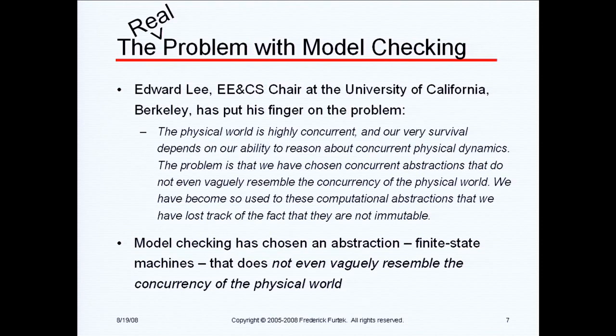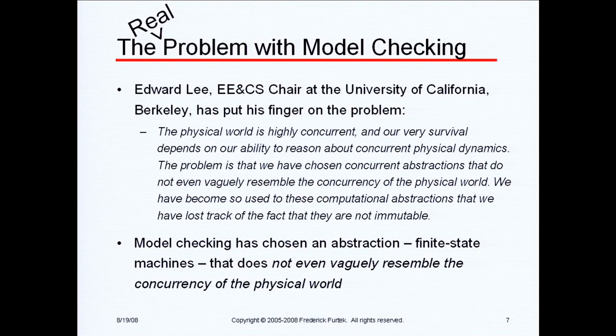And I'm quoting, "The physical world is highly concurrent, and our very survival depends on our ability to reason about concurrent physical dynamics. The problem is that we have chosen concurrent abstractions that do not even vaguely resemble the concurrency of the physical world. We have become so used to these computational abstractions that we have lost track of the fact that they are not immutable." I think he's absolutely right on the money.